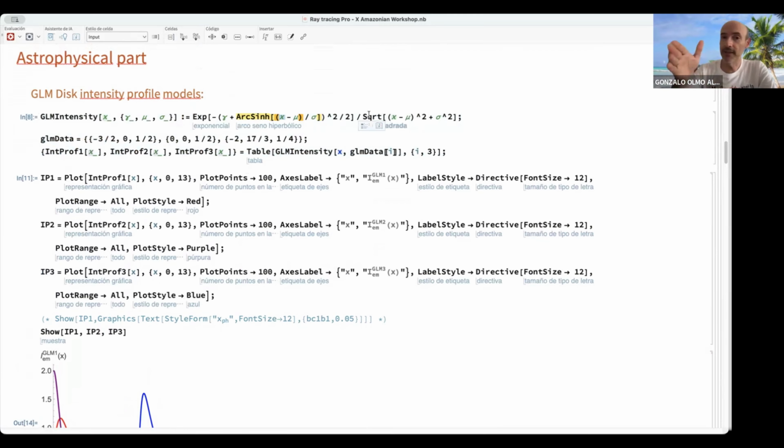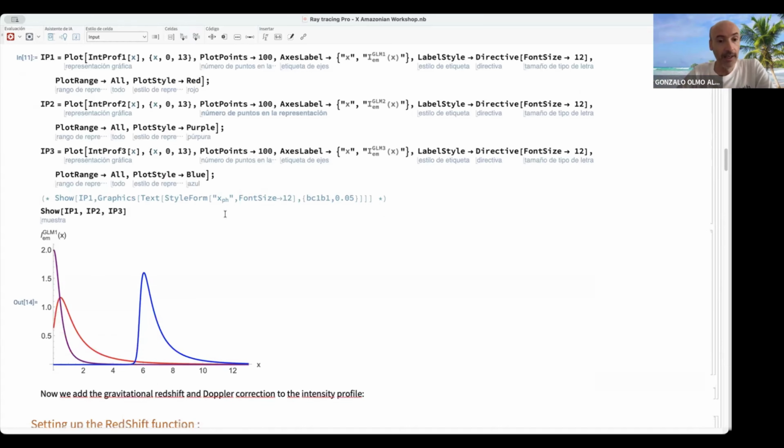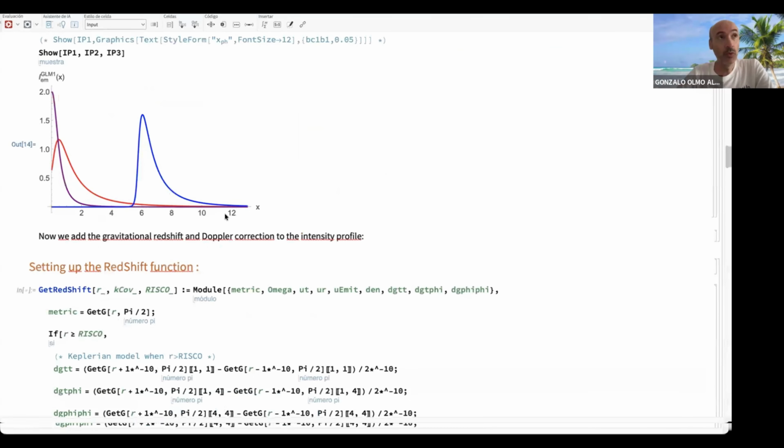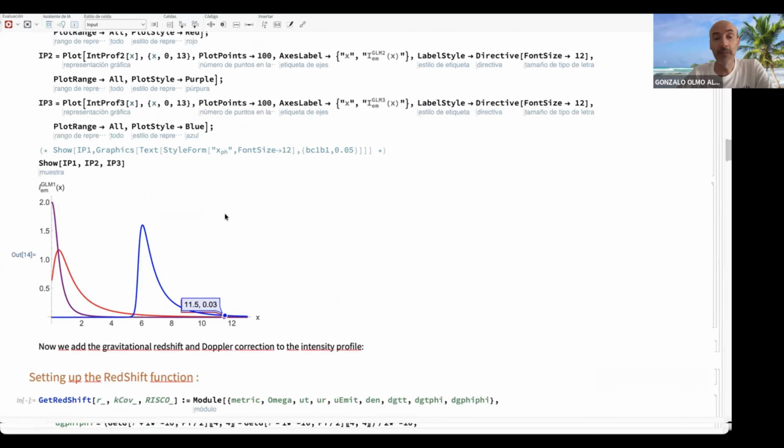If there were angular dependence, then remember we would have to store more information about the angular position of the light rays when they reach the disk. But it's not our case. Now what we need to do is give some dynamics to this disk. This is the intensity profile, but now we can give some velocities.